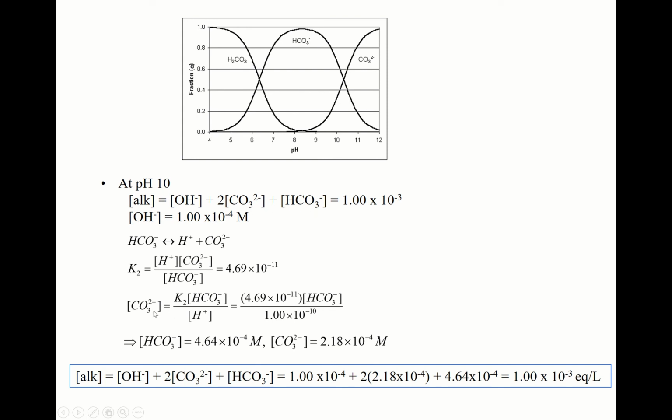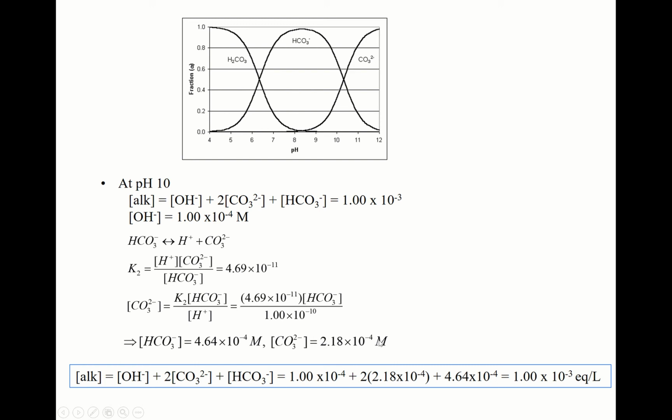Here also we have two unknowns: two equations and two unknowns. So solving these two equations, we get the bicarbonate concentration at pH 10 is 4.64 times 10 to the minus 4 molar, and carbonate is 2.18 times 10 to the minus 4 molar. All right, we obtained everything, right?